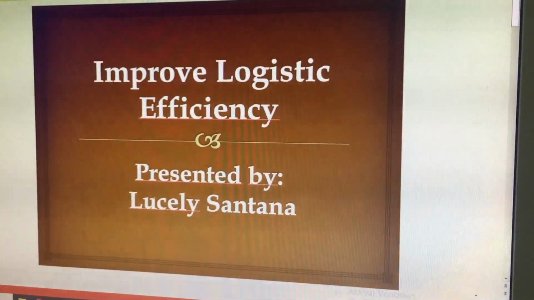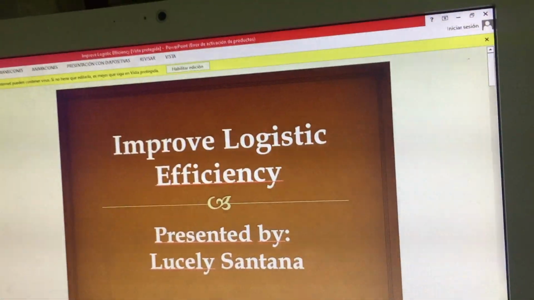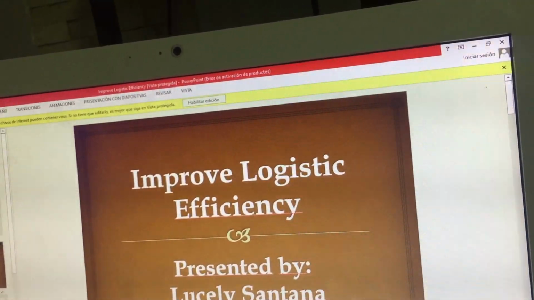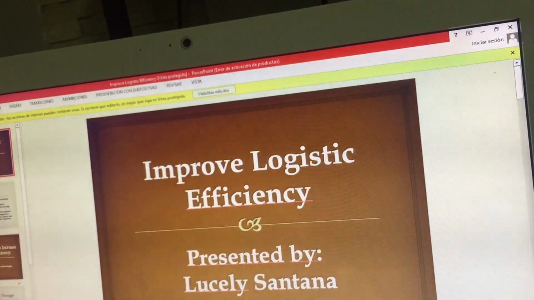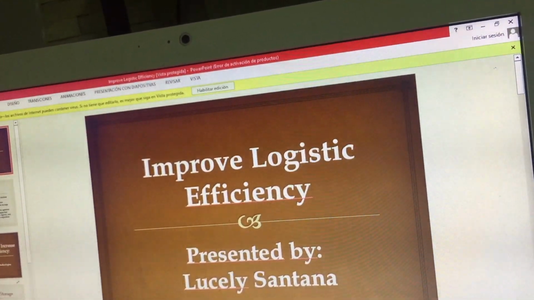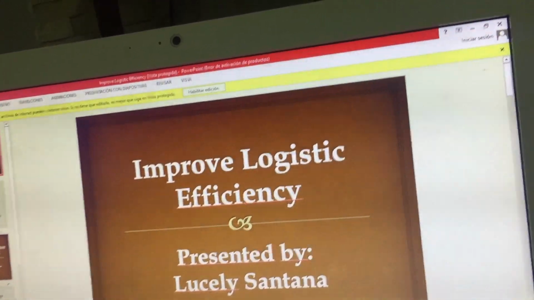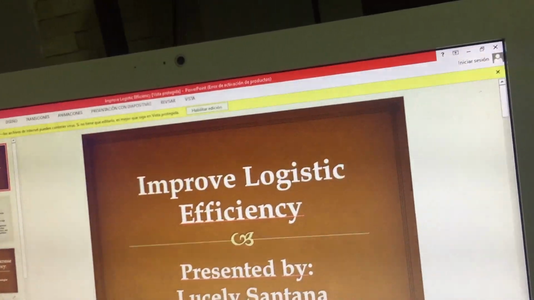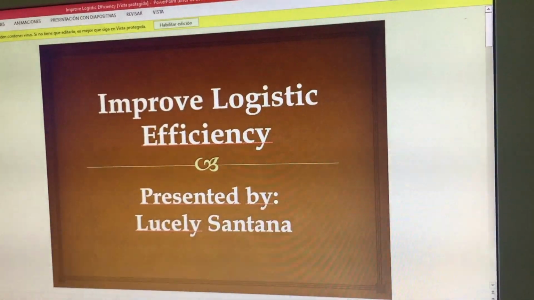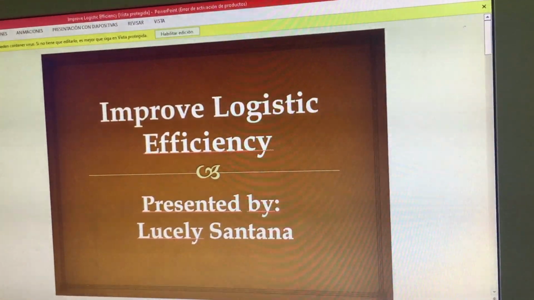Number 3, they don't address how managers are measured and rewarded for process improvement. Number 4, they don't address the general theory of management used by the organization. Number 5, they don't address the organization's values.